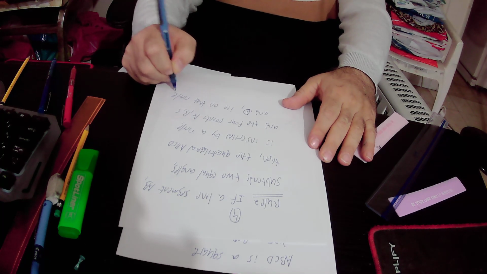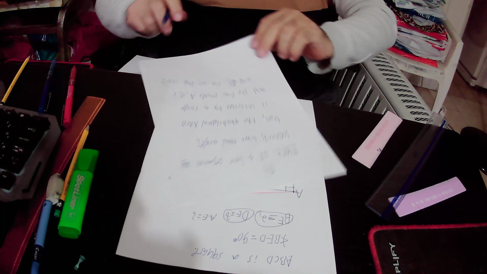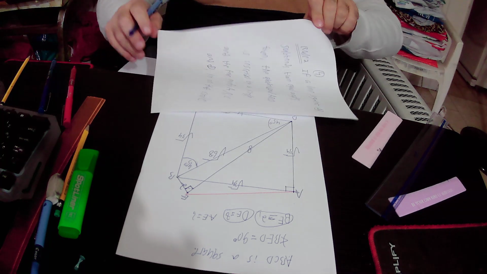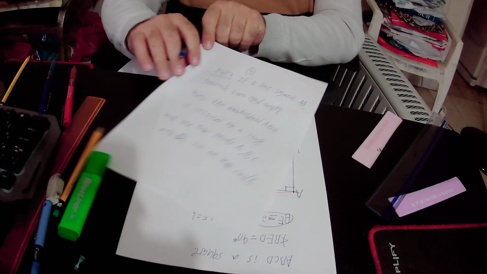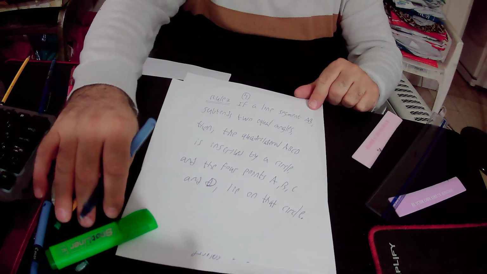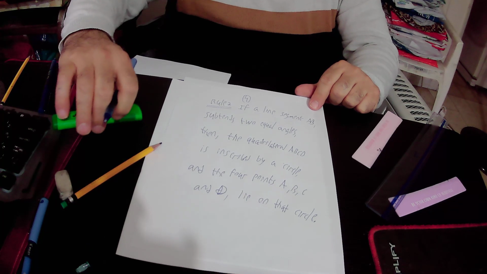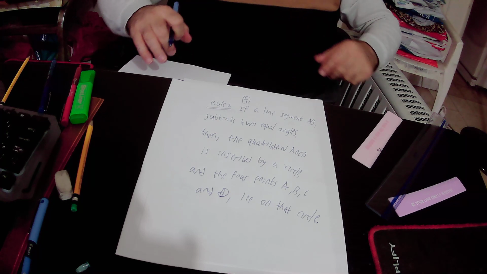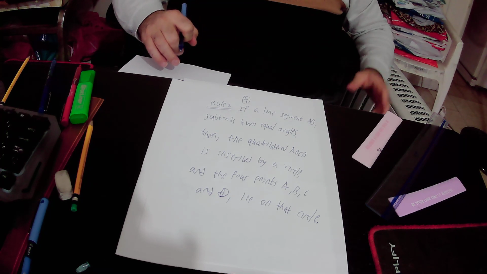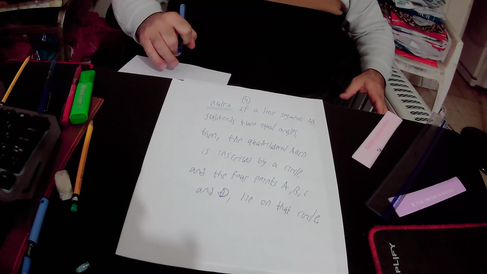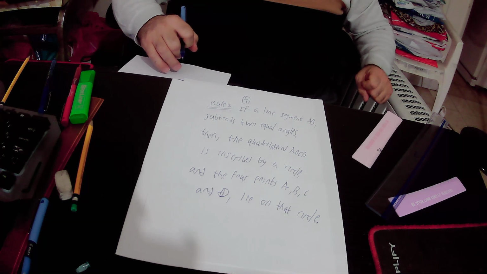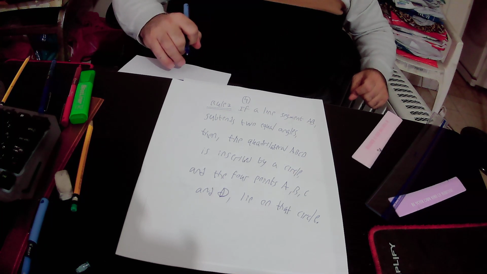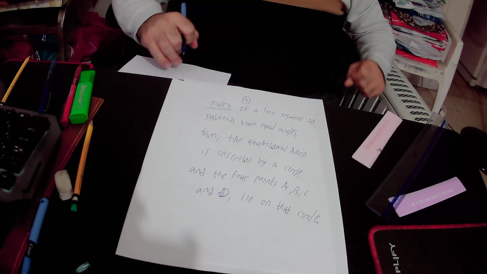I will read rule number 2 again. Rule number 2 states that if a line segment AB subtends two equal angles, then the quadrilateral ABCD is inscribed by a circle, and the 4 points A, B, C, and D lie on that circle.